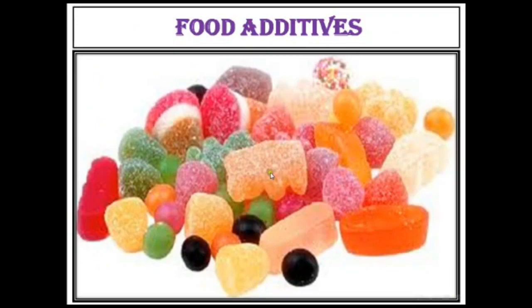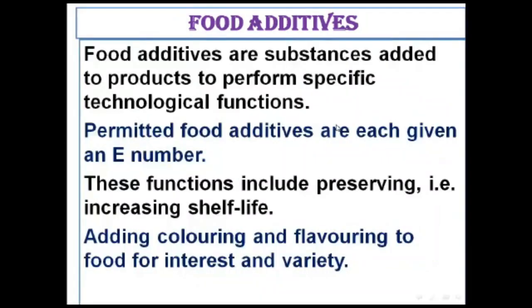You have been seeing sweets in the market, colored sweets, as you are observing here. So what are food additives? Food additives are substances added to products to perform specific technological functions, and they are permitted food additives.